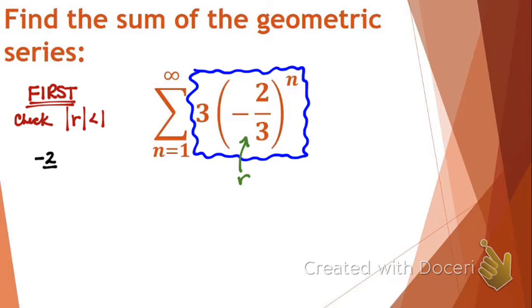So if I take -2/3 and I take the absolute value of that, what is the absolute value of -2/3? 2/3. Is that less than 1? Yes. That means an infinite sum does exist.